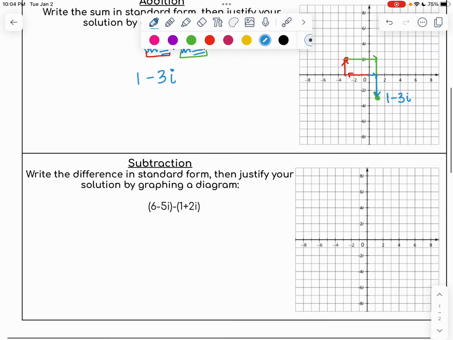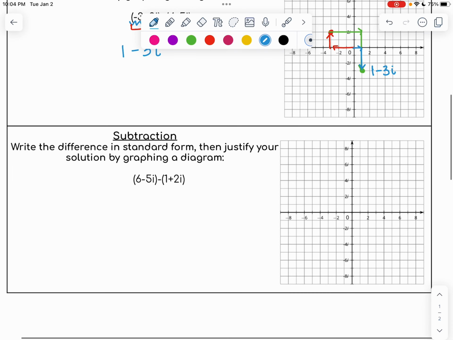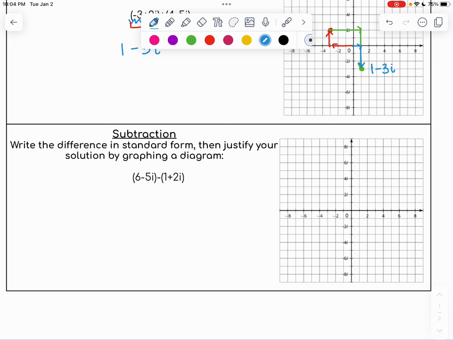Now let's do subtraction. So when we subtract complex numbers, there is one extra step because we're not just subtracting the real portion of the complex number, we're subtracting the whole complex number that's in parentheses. And so what we need to be sure to do is to distribute that subtraction to both the real number and the imaginary number.